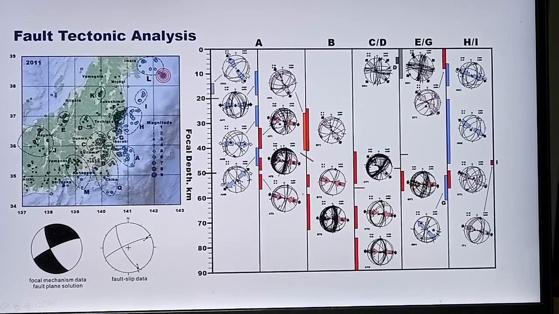This area corresponds to the subducting oceanic crust. Shallow area, continental crust. As I said, here the shallow part NW-SE compression, but nearly EW compression in the deeper part.